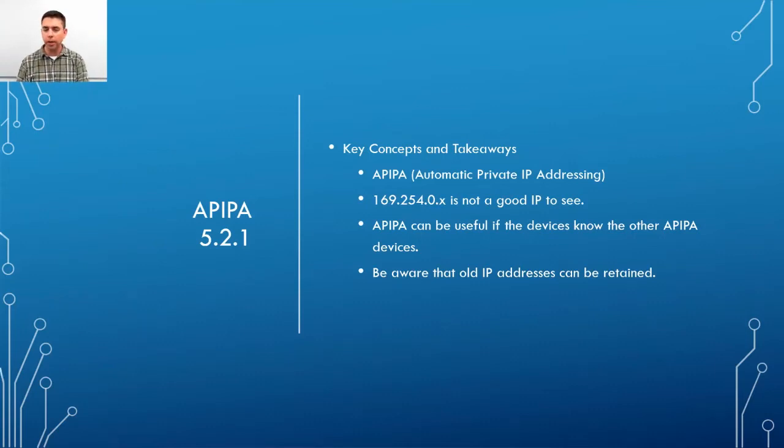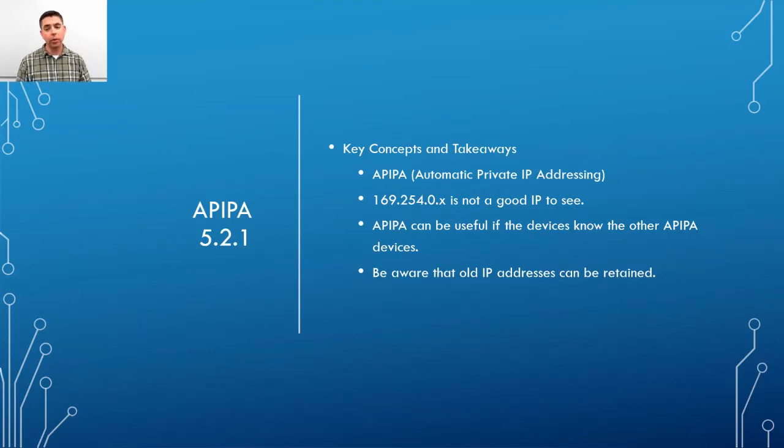Really doesn't always work that way, and the devices need to know the other IP addresses of those devices, because there's no longer any reference as to who has what, especially as Windows just kind of randomly assigns an IP address. So APIPA is really only there to show you, the network admin or the network tech, that, oh, there's an issue with the network, I need to figure out what's going on.